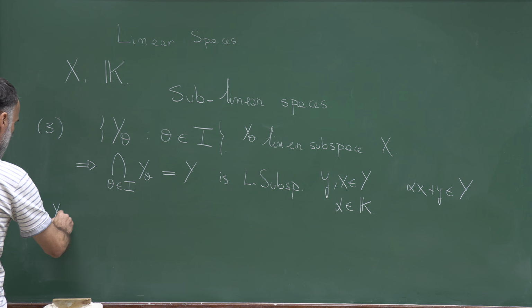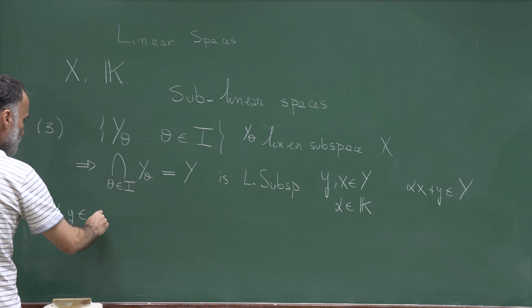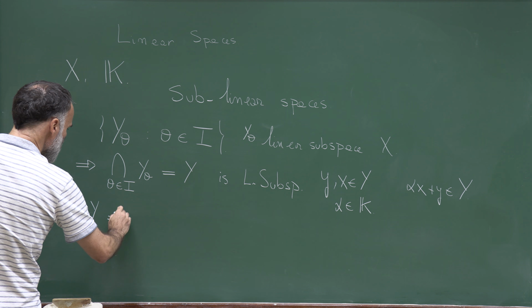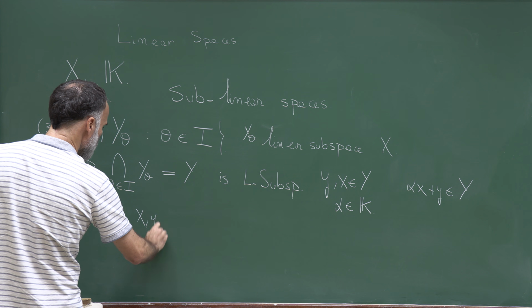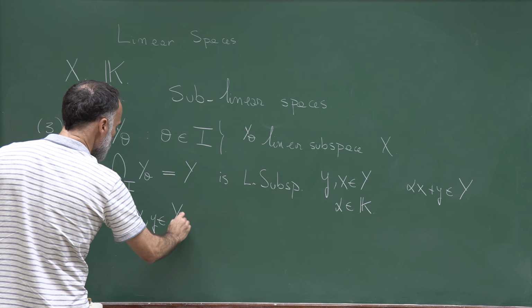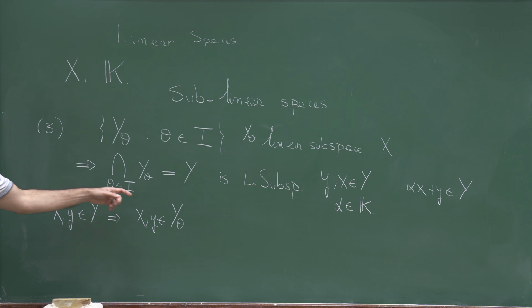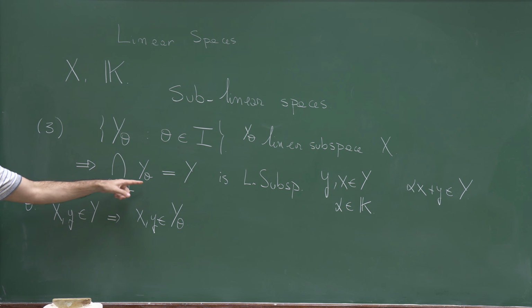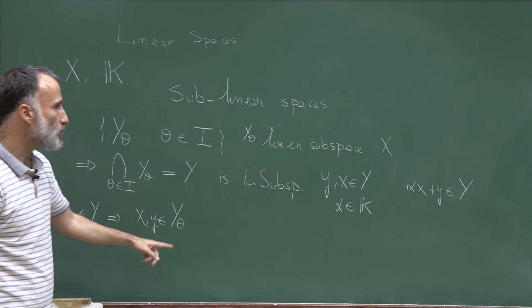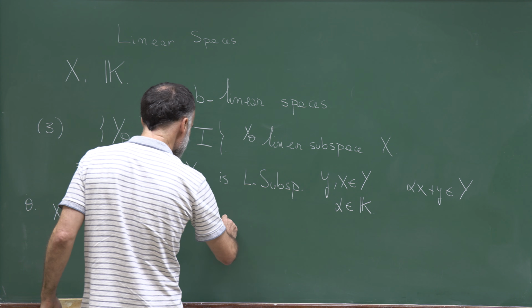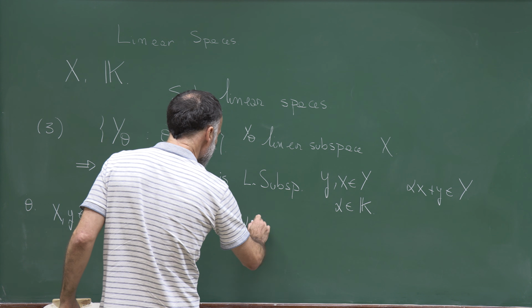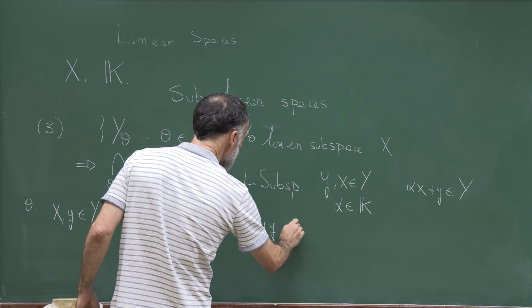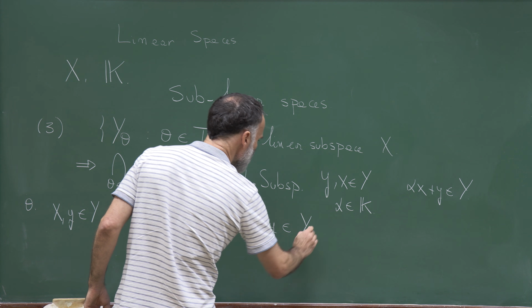Since x and y belong to Y, this means that x and y belong to Y theta, because Y is the intersection, so each element belongs to all sets Y theta. Since Y theta is a sublinear space, this means that alpha x plus y belongs to Y theta.